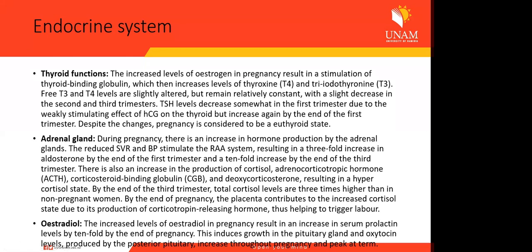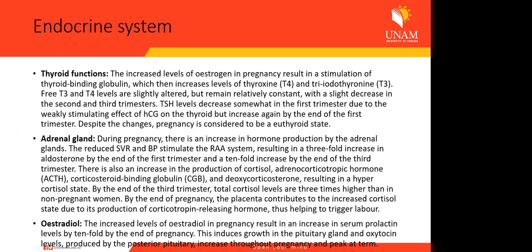Adrenal gland activities: there's increased hormone production by the adrenal glands. Because of the reduced systemic vascular resistance and blood pressure that is stimulated by the renin-angiotensin-aldosterone system, there's a threefold increase in aldosterone by the end of the first trimester. And at the end of the third trimester, you have a precipitous tenfold increase in aldosterone.